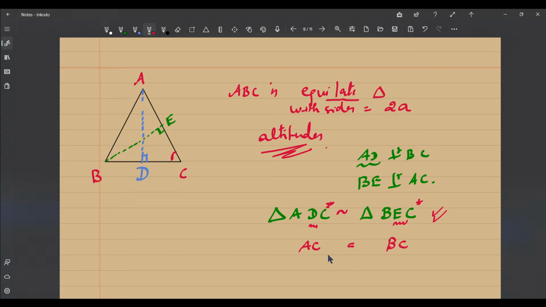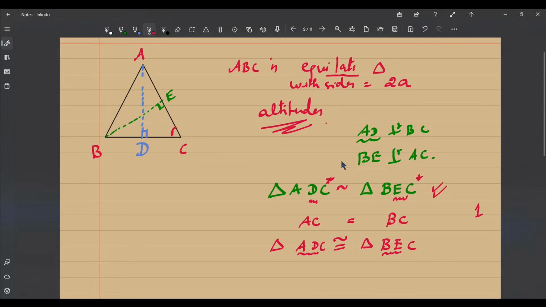That is, the scaling factor is equal to 1. Or the triangles are congruent, right? The triangles are not only similar, they are congruent to one another. So triangle ADC is congruent to triangle BEC. If they are congruent, it means that AD is equal to BE. The length of AD is equal to the length of BE as they are corresponding sides.